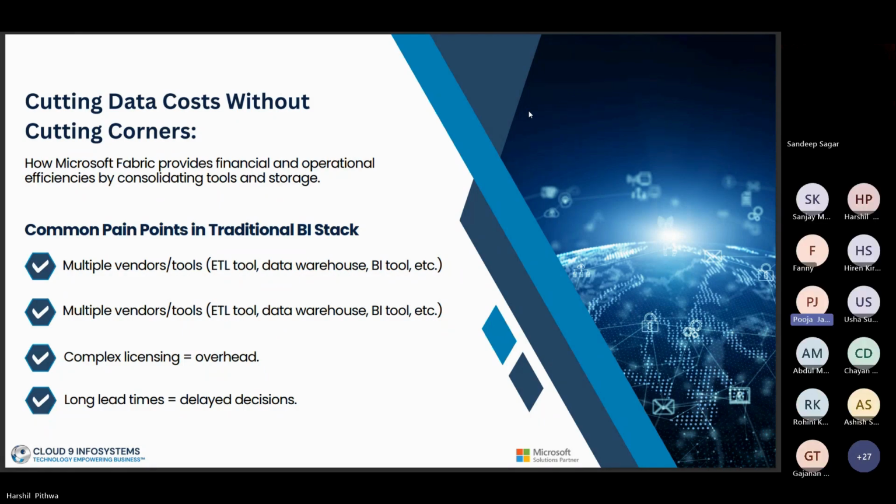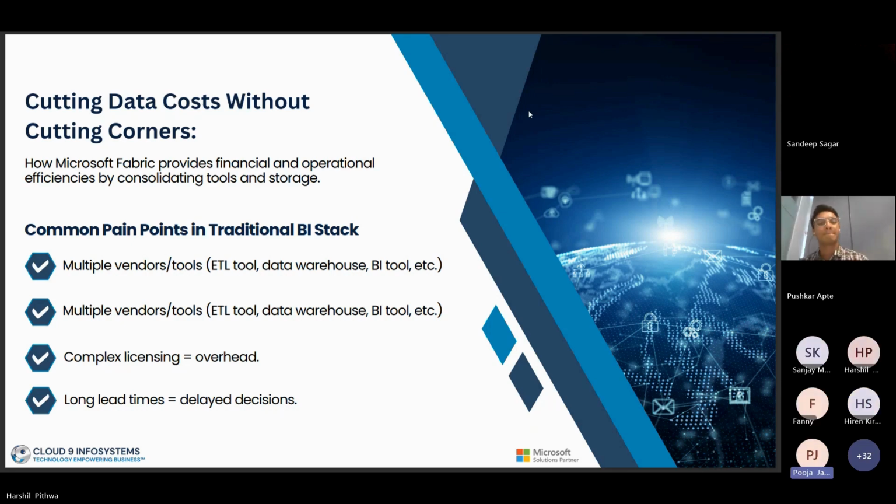the common pain points which organizations traditionally face are that they are paying for multiple ETL tools, data warehouse, and BI, and the licensing model is also very complex because you have to maintain different products altogether. It's very hard to decide which platform to use, which tool to use for ETL, and which analytical tool to use.